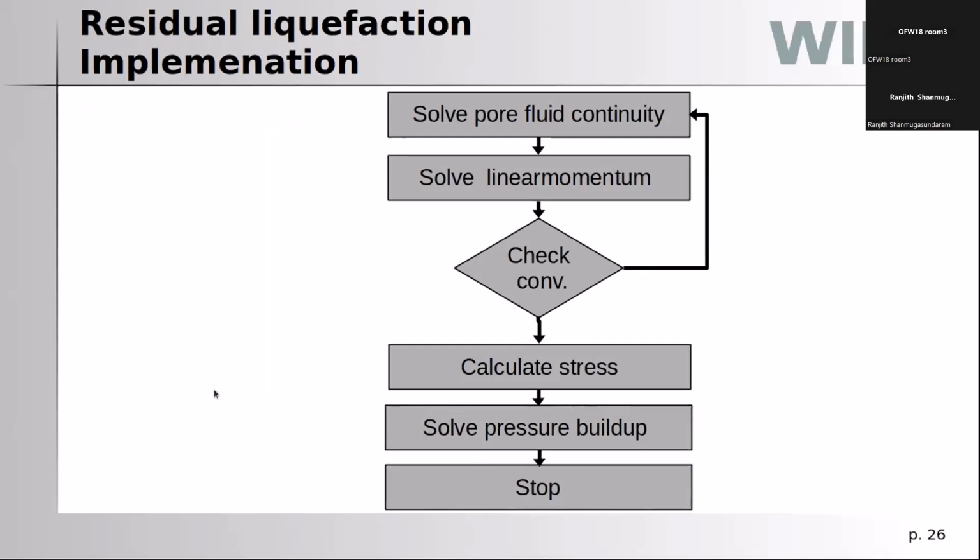The difference from the earlier equations is that so far we didn't have the pressure buildup equation, but to capture residual liquefaction we solve the pore fluid continuity equation. After that comes the linear momentum equation, the same as earlier, then we check for convergence and calculate the shear stresses. Then we solve this additional equation from the previous slides, calculate the pore pressure buildup, and apply the criterion to check whether the soil is liquefied or not.